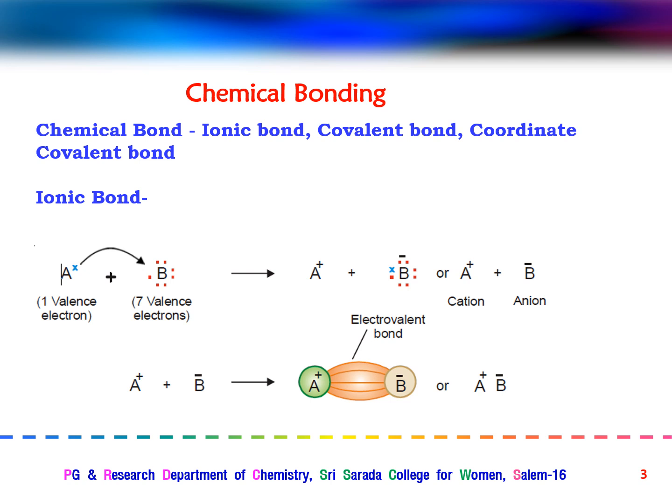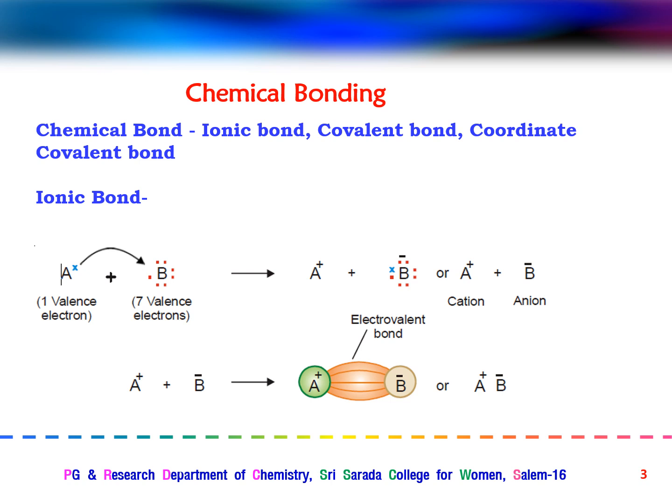In this transaction, both the atoms acquire a stable electron octet, resulting in the formation of a positive ion called cation and a negative ion called anion. And these ions are held together by electrostatic attraction.